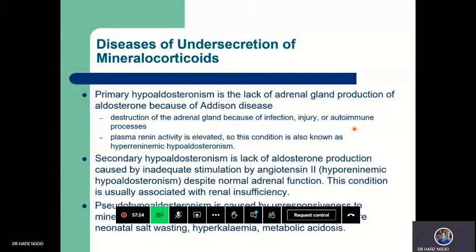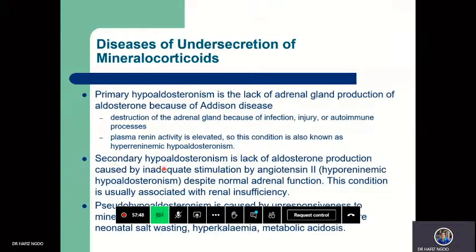So the plasma renin activity is elevated. This condition is also known as hyperreninemic hypoaldosteronism: low aldosterone and also high renin being secreted. This is primary hypoaldosteronism. That's Addison disease.